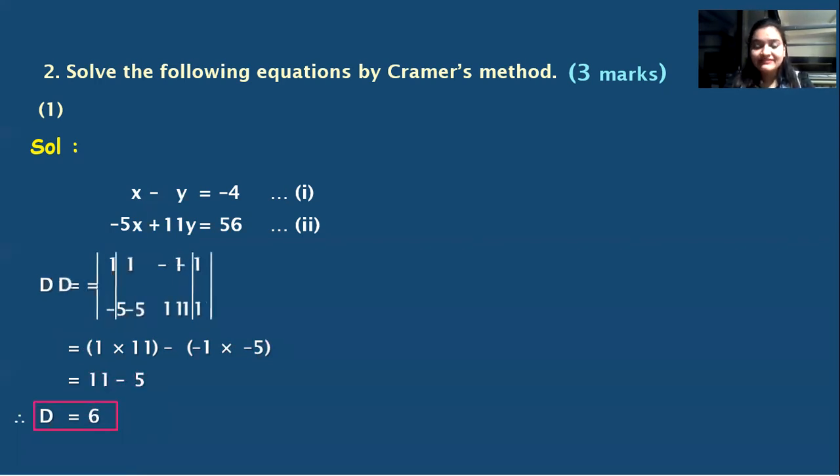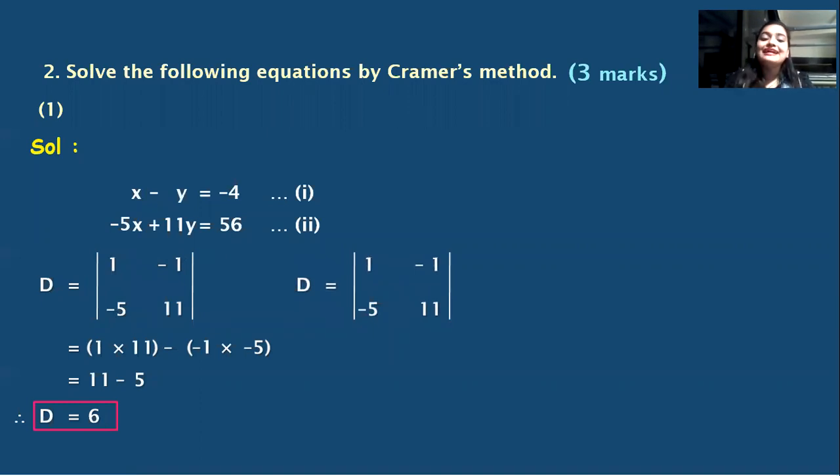Once you are done with D, we'll proceed towards Dx. Dx, determinant of x, is made with the help of D. This is our D. For Dx, delete the coefficient of x and replace it by the constants. So remember, Dx: delete x, replace it by constants.